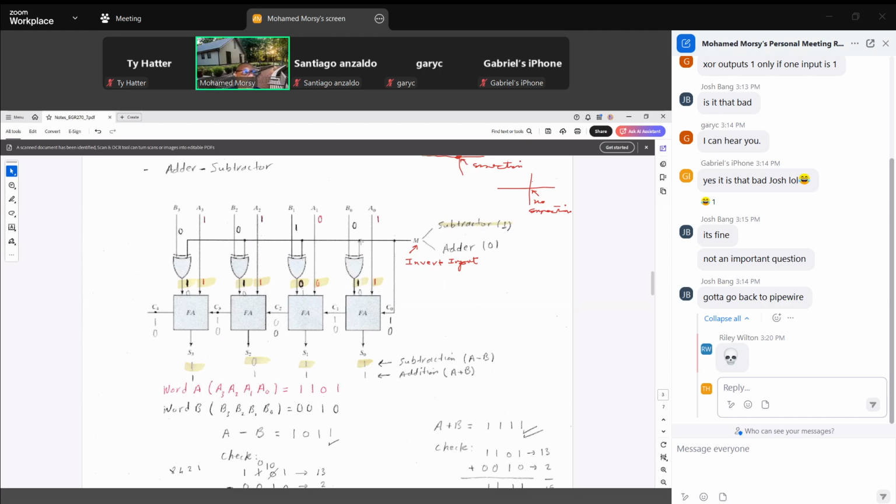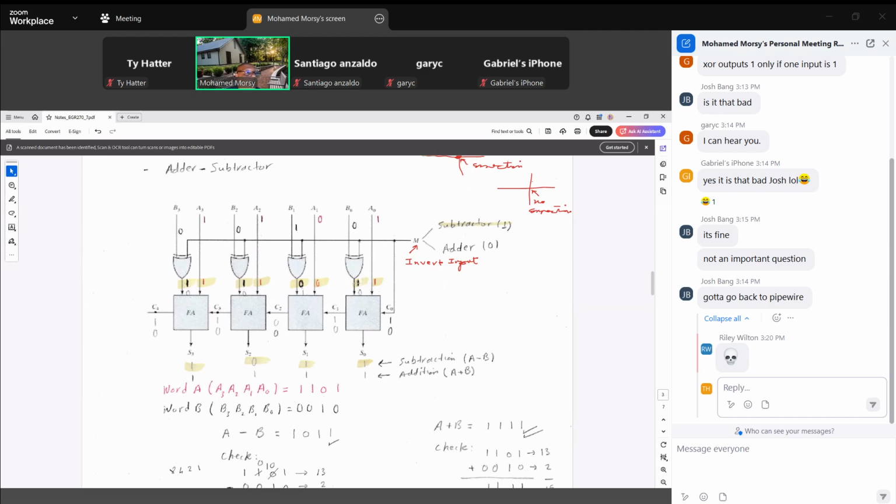When we have 1 here and the input B0 is 0, it will be inverted to 1, because we mentioned the function of the exclusive OR: similar inputs, 0 out. If the 2 inputs are different, the output will be 1. 1 applied here, so invert this 1 to 0. 1 applied here, so invert this 0 to 1. 1 applied here, so invert this 0 to 1.